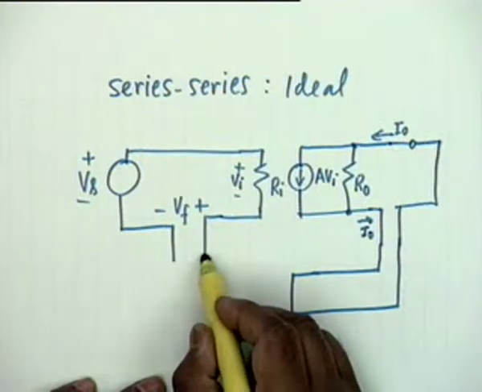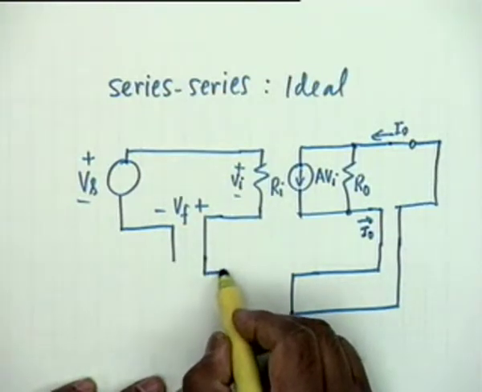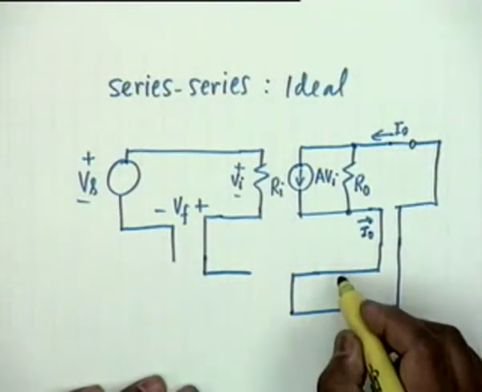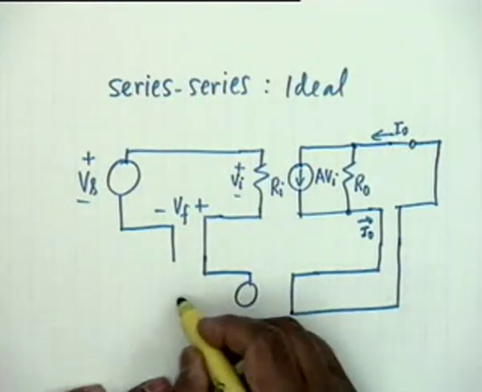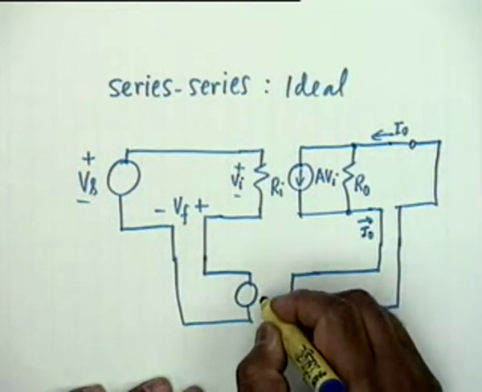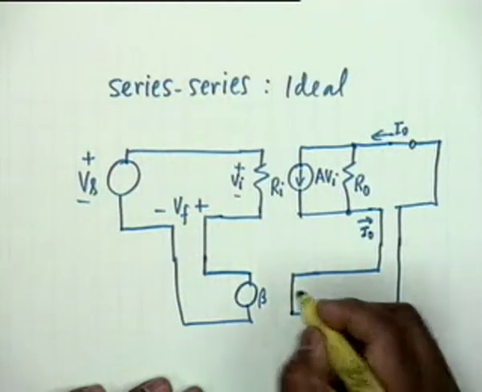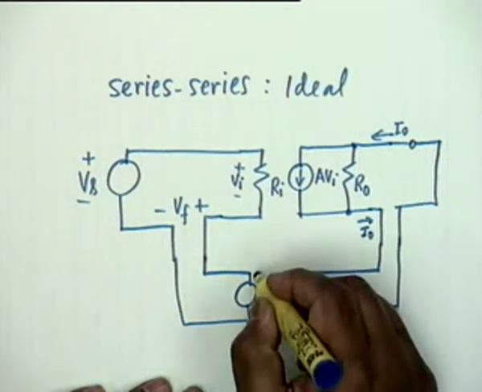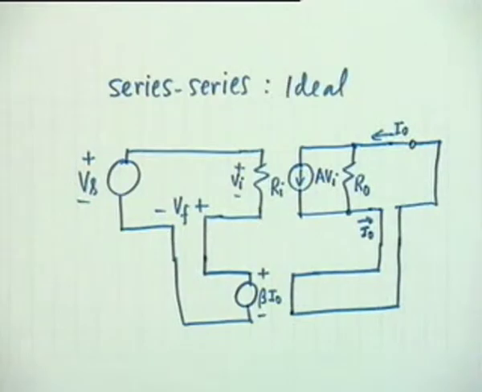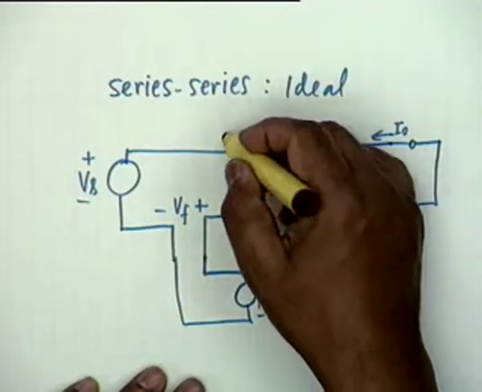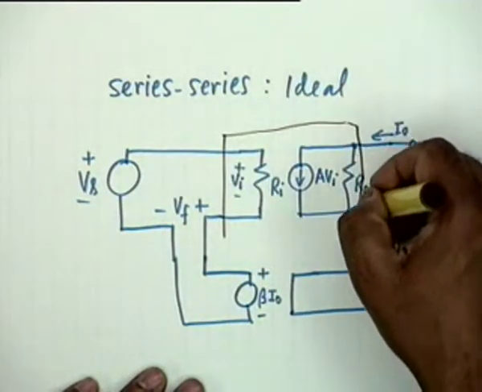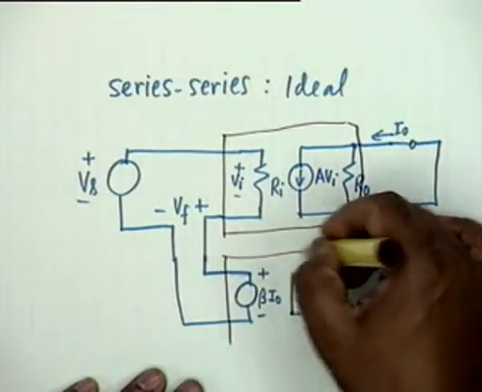Ideally you want a current controlled voltage source. So, what you want here is a voltage source of value beta times I0 with this polarity. This is the ideal situation. This is the basic amplifier and this is the feedback network.